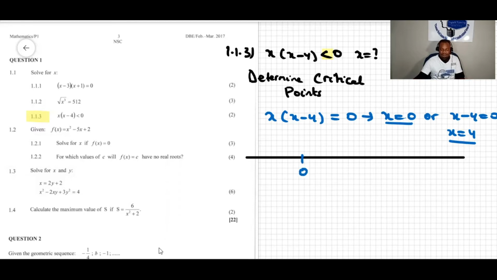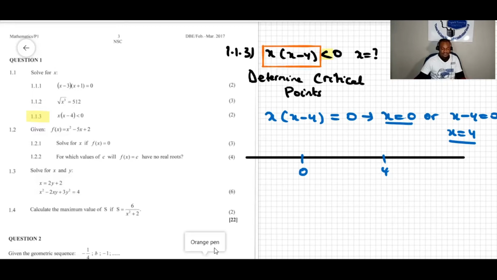So 0 and 4 there. These two numbers break down the number line into 3 intervals: from negative infinity to 0, from 0 to 4, and from 4 to positive infinity. Now we want to see in which interval the function will be lesser than 0.